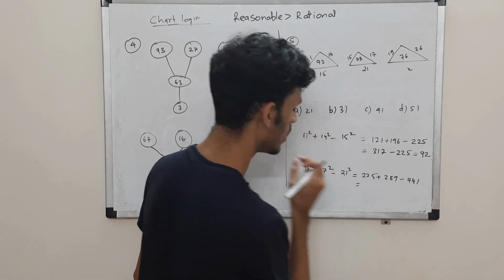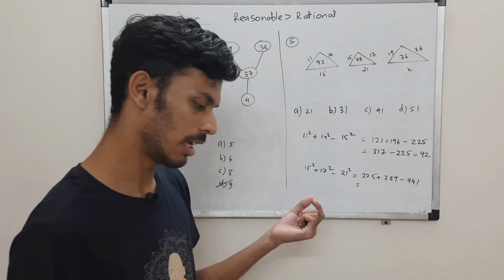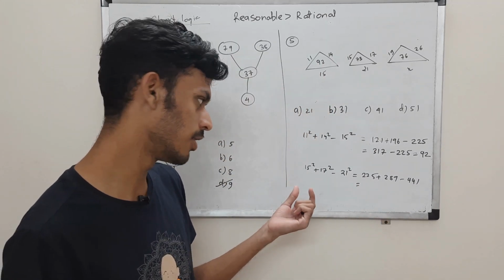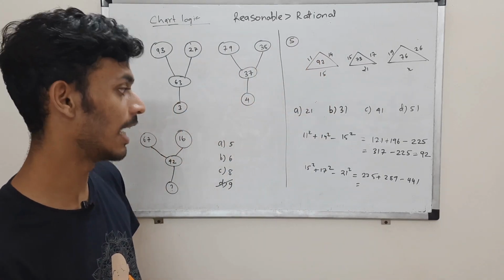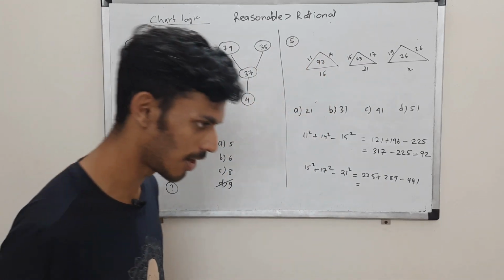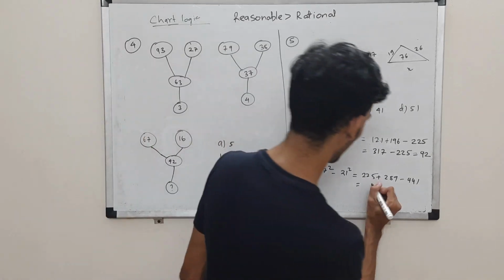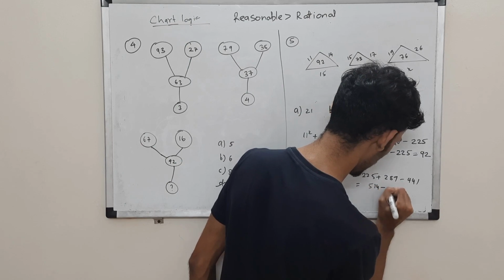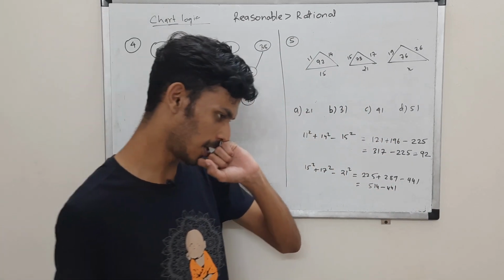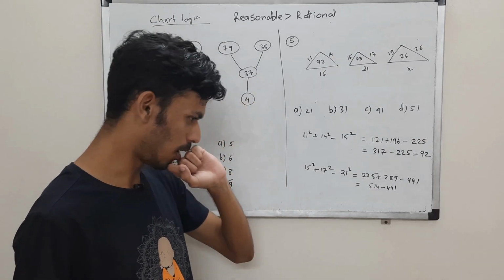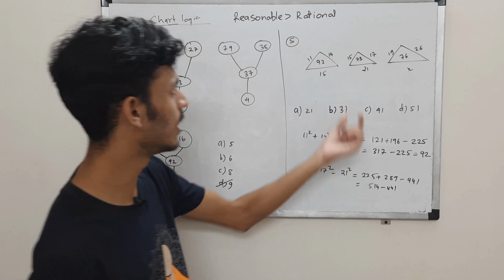So 225 and 289 is 514. 514 minus 441 is 73. Yes, 73, right?